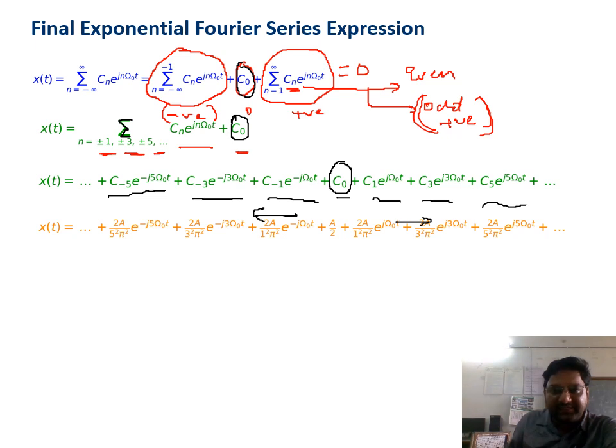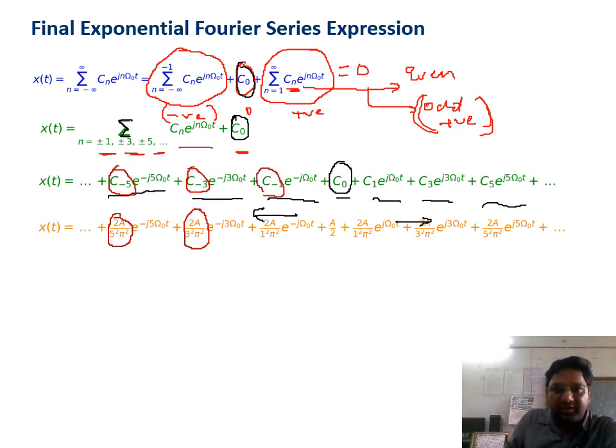So C minus 5 would be 2a by minus 5 whole square into pi square, that is 2a by 5 square pi square. Similarly, C minus 3 is 2a by 3 square pi square, and so on.